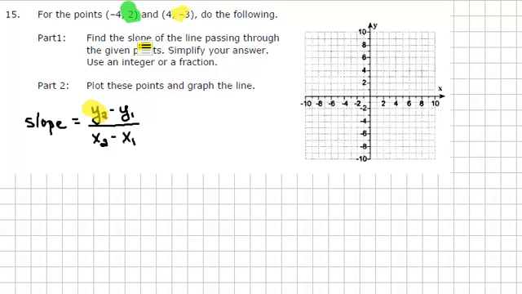The y-coordinate of the first point is the number 2. x2 represents the x-coordinate of the second point. And x1 represents the x-coordinate of the first point.